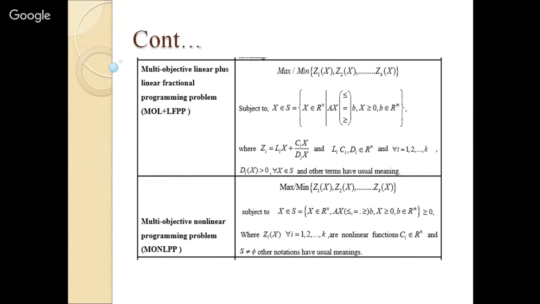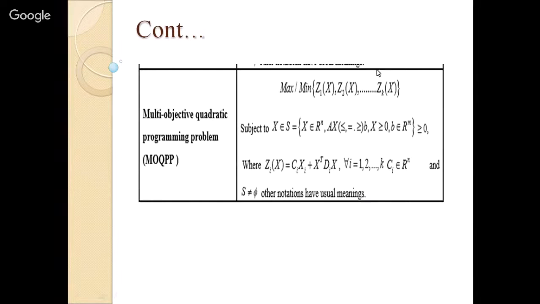Right? Linear means each and every variable has power 1. Non-linear means power greater than 1. So this is the multi-objective nonlinear. This is multi-objective quadratic, where each and every objective function is in quadratic form. So these are all extension problems of multi-objective.